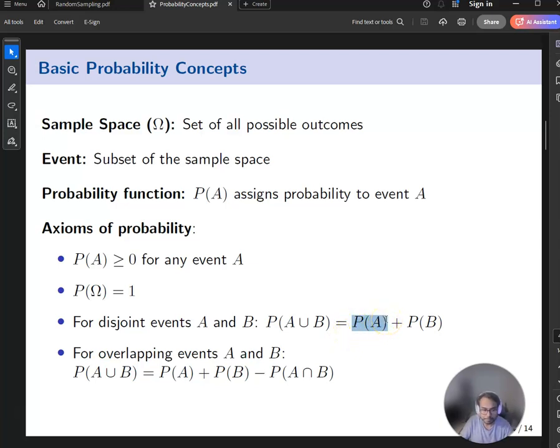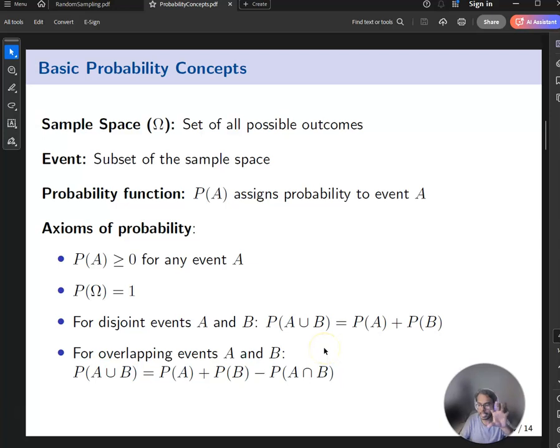But in a lot of cases, there can be scenarios where A and B have an overlapping region. So you can have A or B or some chance that A and B happen together. In that case, for events like that, A union B becomes the sum of A and B, and we subtract A intersection B. The reason we do that is to avoid double counting.